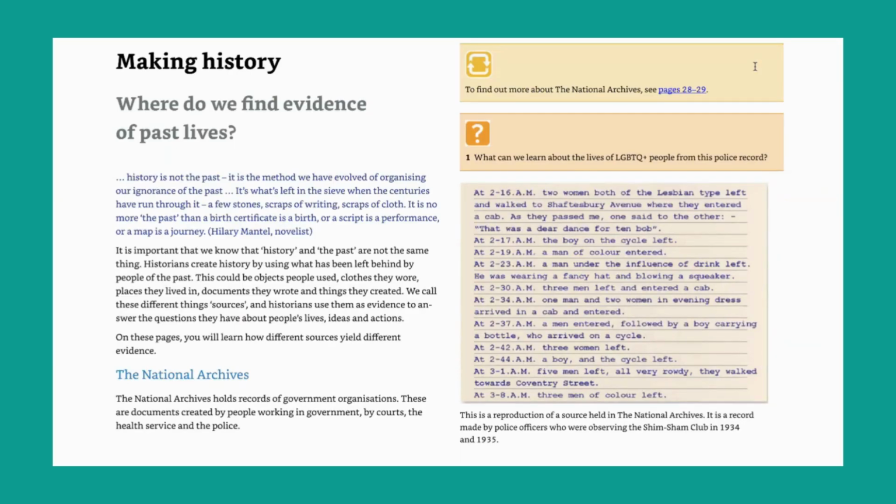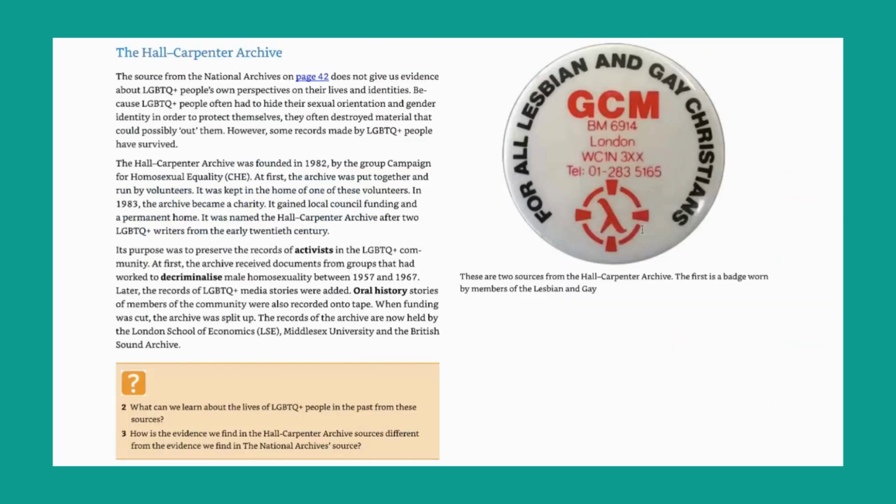Now, in a slightly different sense, in this same section, we've also got a couple of pieces of evidence that are linked to a different archive. In this case, the Hall-Carpenter archive, which was created by the Campaign for Homosexual Equality in 1982 in order to preserve the history of the community.